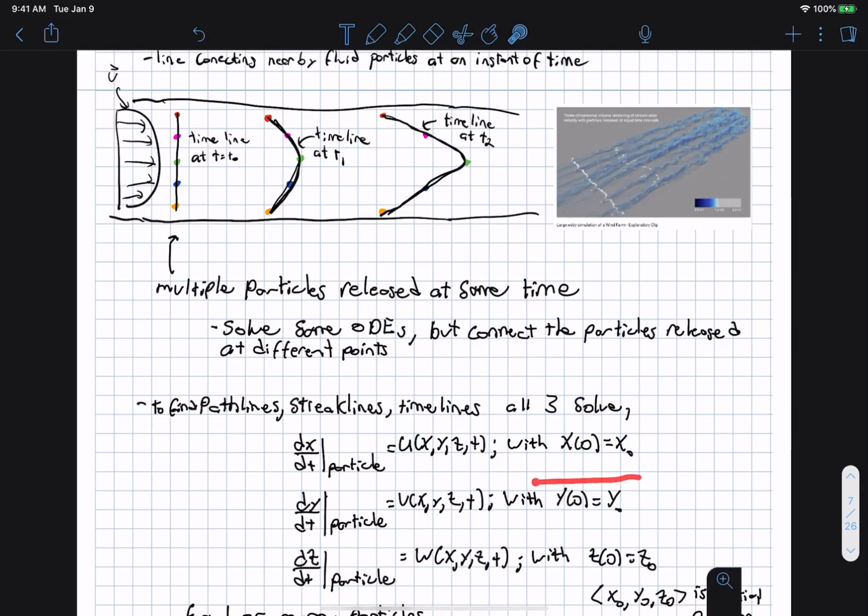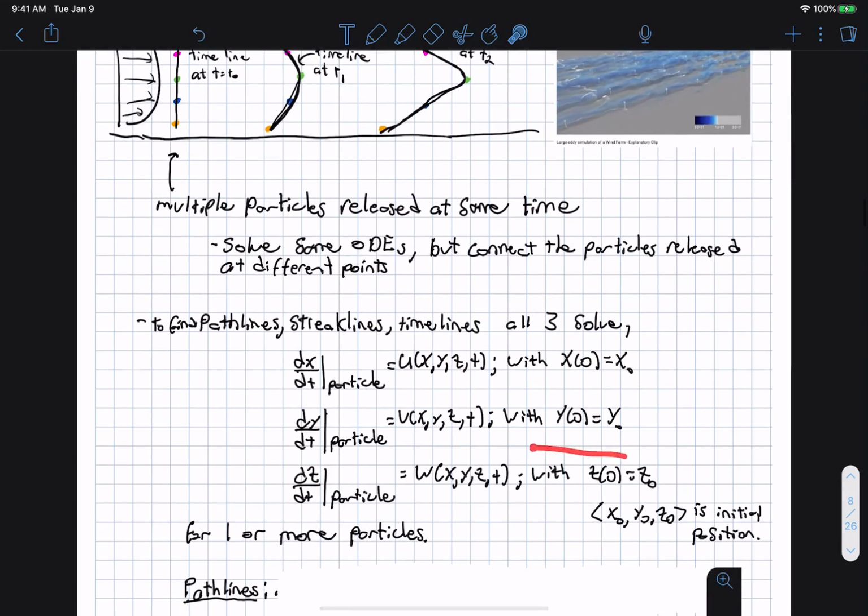So for dx/dt, we solve this equation here, where dx/dt for the particle is equal to the x-component of the velocity, and our initial condition is x equals x naught at the start. And similar for dy/dt and dz/dt.